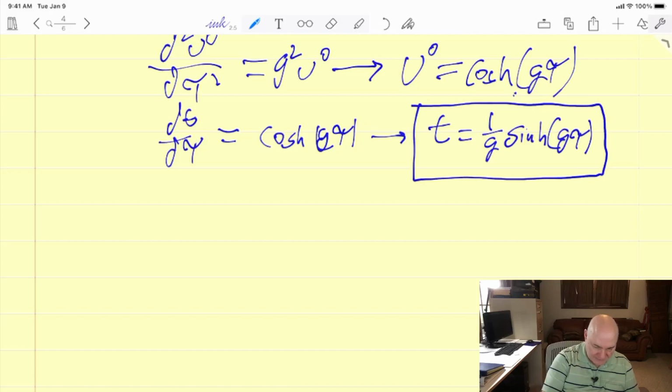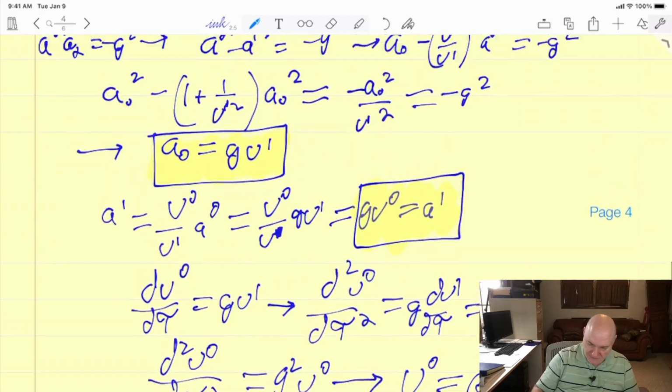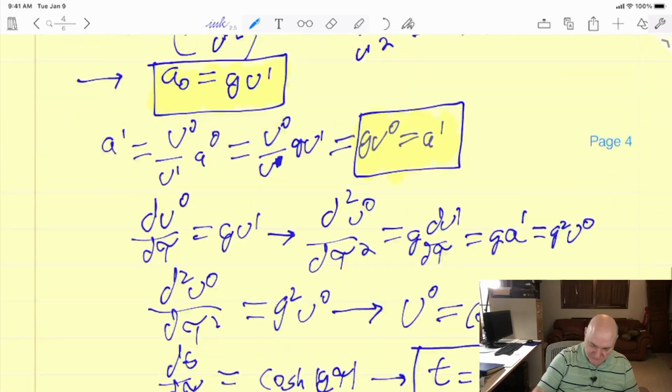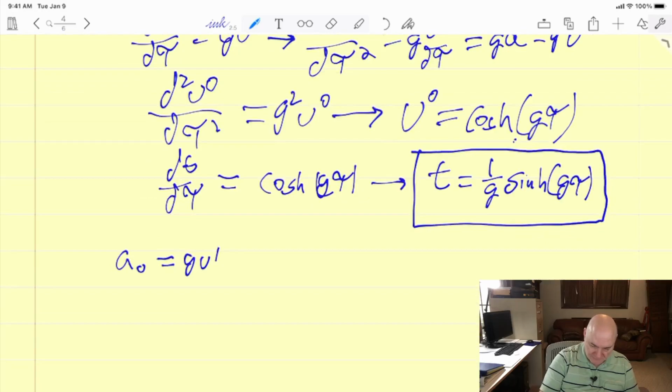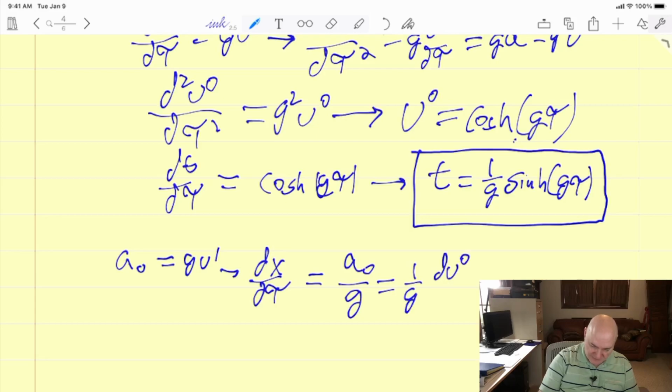We also have, remember earlier, a0 equal g u1. We go back right there, a0 equals g u1. So u1, we know, is by definition dx/d tau, which is equal to a0 over g, which is equal to 1 over g du0/d tau.